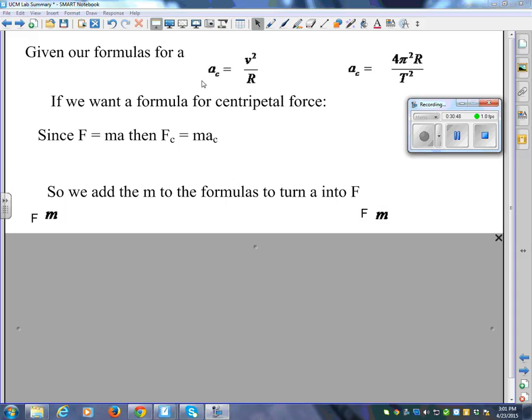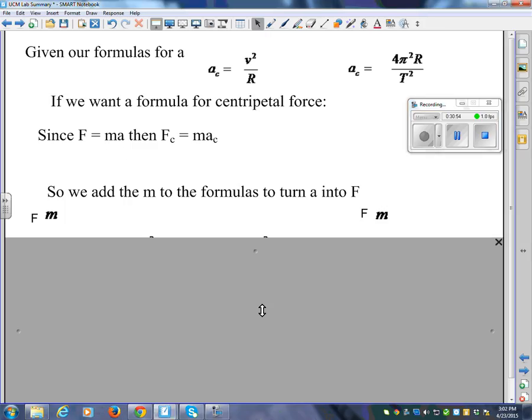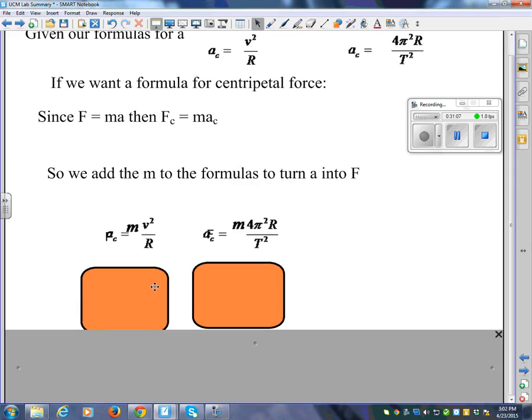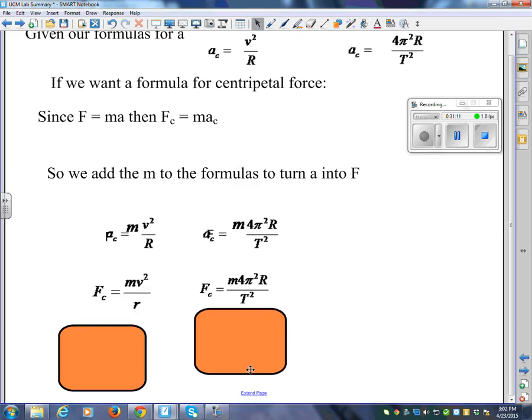If F equals ma, that a is the same as that a, put an m in front. So if you want this to be force, you put an m in front. If you want this one to be force, you put an m in front. And it looks like this. And those are the ones you want to write down. Those two right there.